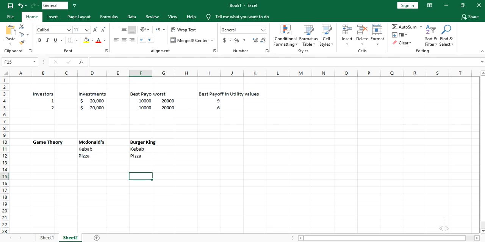What will happen if Burger King adds kebab to the menu and McDonald's adds both kebab and pizza to the menu? What will happen if Burger King adds both in the menu, given kebab and pizza for McDonald's? What will happen if Burger King adds the second strategy, which is adding pizza to the menu, given this? Okay? So game theory finds the solution for this.